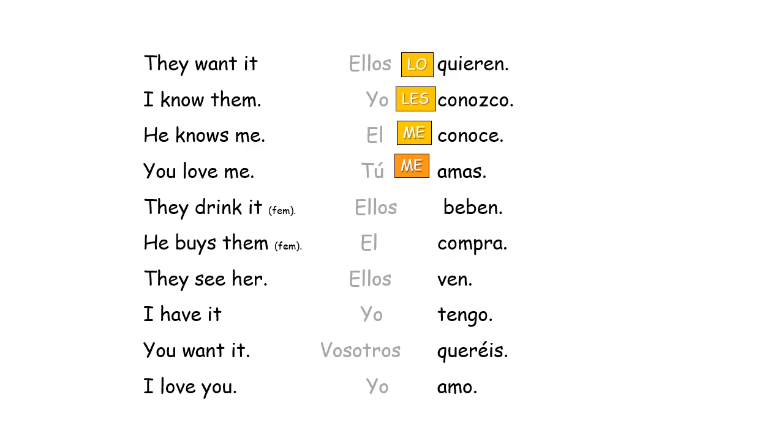Feminine, for example, la leche. So it would be ellos la beben. He buys them. Él las compra, feminine. They see her. Ellos la ven. Or I have it. Counting that is masculine. Yo lo tengo. Or you want it. Vosotros lo queréis. Or I love you. Yo te amo.